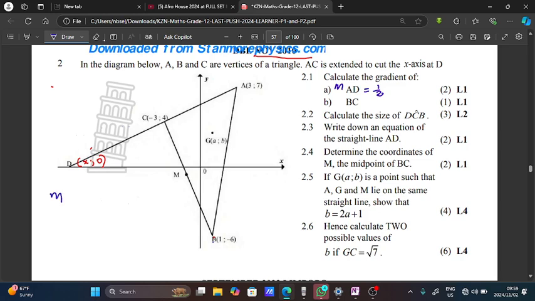So simply you write your formula, then the gradient of BC equals, now you know how to write it again. So you must have the x1 and the x2. If you start at B, you can have 1 minus, then the x at C will be minus 3. Oh, should we start with the y? So hence you must write the formula.